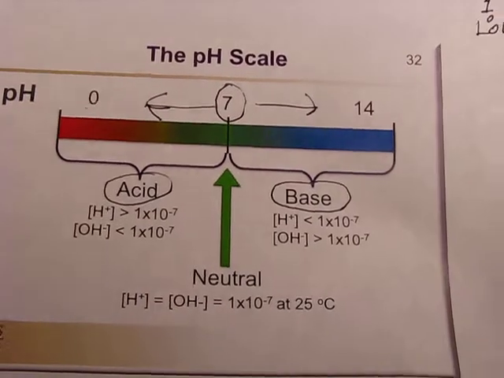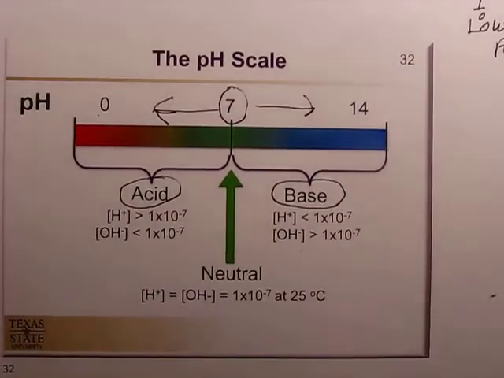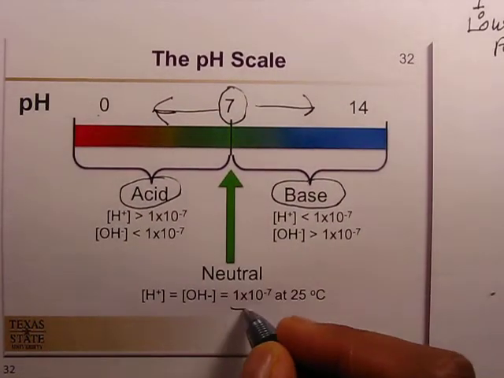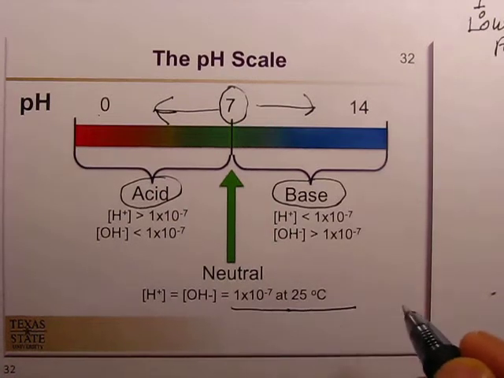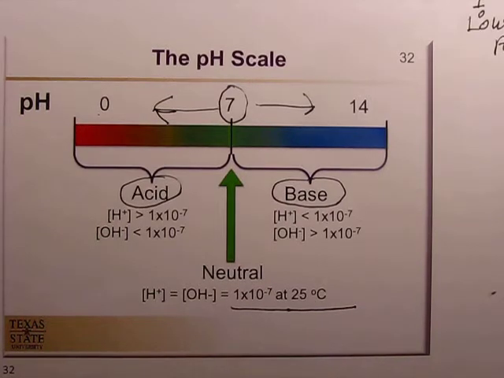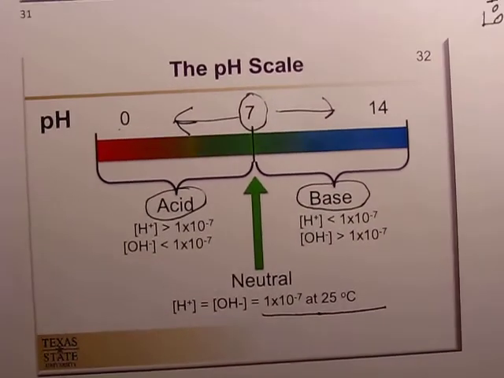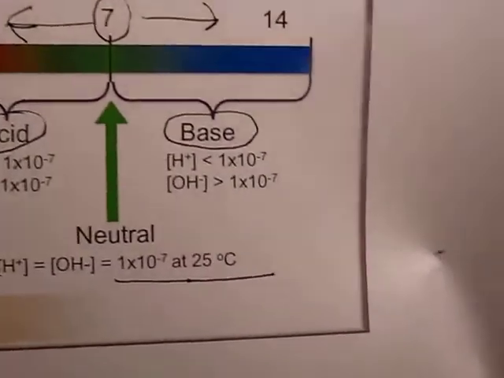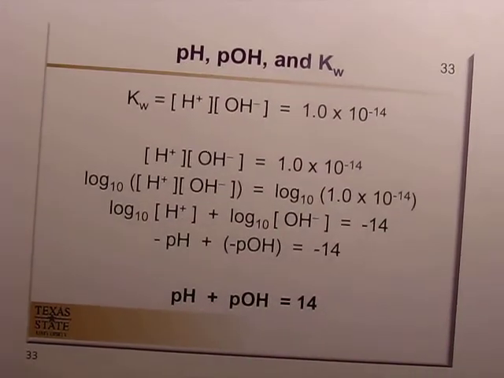In the neutral solution the hydrogen ion concentration and hydroxyl ion concentration are equal, 1 times 10 raised to the power minus 7 at 25 degrees Celsius. So this is about the pH scale, and let's see some more math related to the pH.